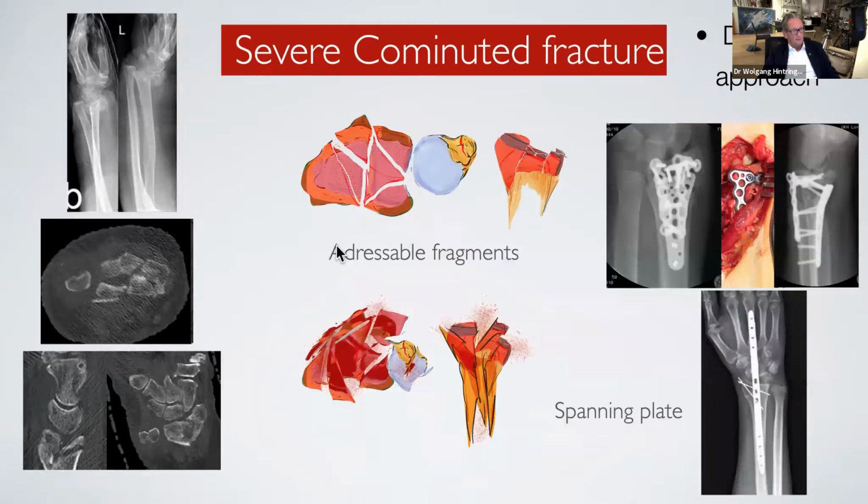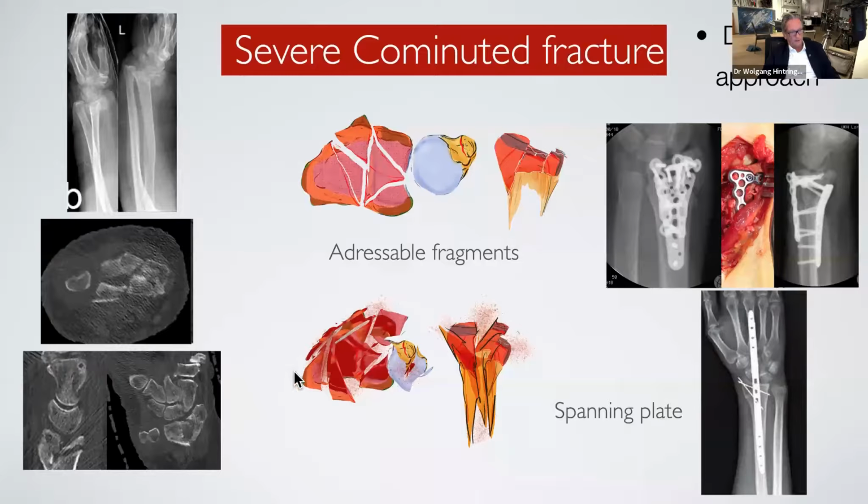Then we are here on the most ugly fractures, severe comminuted fractures. I said, if you have addressable fragments, you can go in from both sides and try to fix them, but don't overestimate your power.